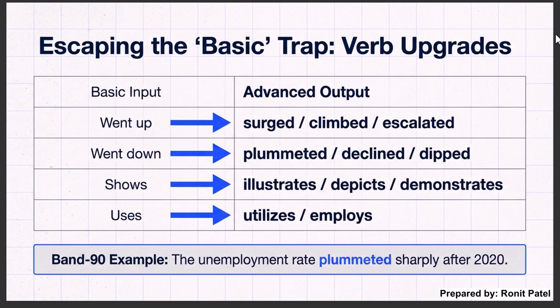Instead of shows, try to use illustrates, depicts, or demonstrates. Instead of uses, say utilizes or employs. So don't use everyday verbs that are typically found in conversational English. Use academic verbs that we should be using in PTE English.